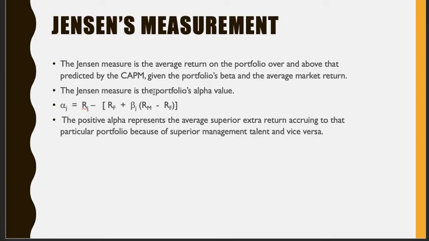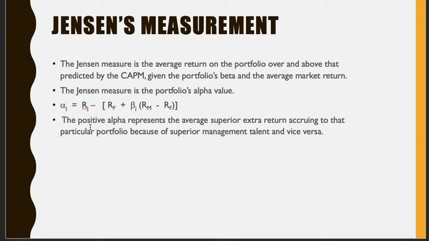So with Jensen, we compare the actual return minus the required rate of return by CAPM. That is alpha.